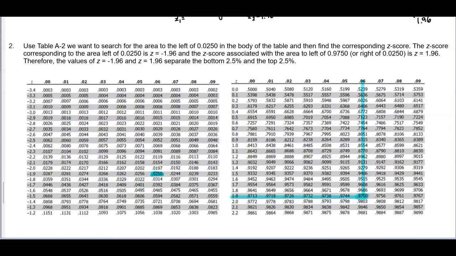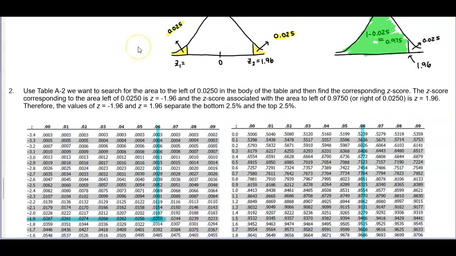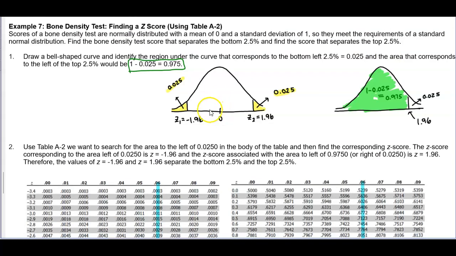And there is 0.0250. So if you notice here, we're going to go here and then there, and that represents negative 1.96. If you take a look at our values here, to the left is negative 1.96. That's to the left of 0, so it should be a negative value. To the right of 0 is 1.96.